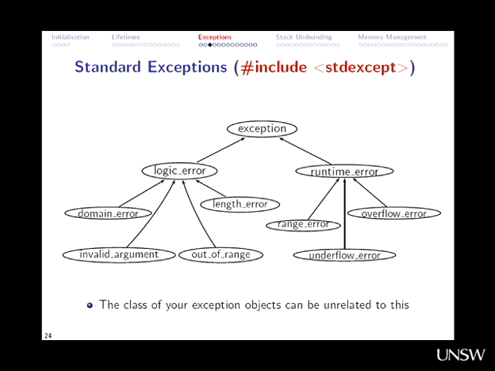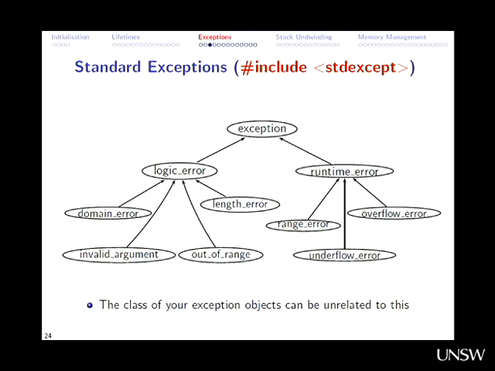And so, quite similar to Java, there's a whole hierarchy of exceptions that you can use. Your exception objects don't have to be extending or inheriting or using this. Okay, it's up to you. But be aware there is a hierarchy of exceptions. Generally, they break down into a logic error or a runtime error.